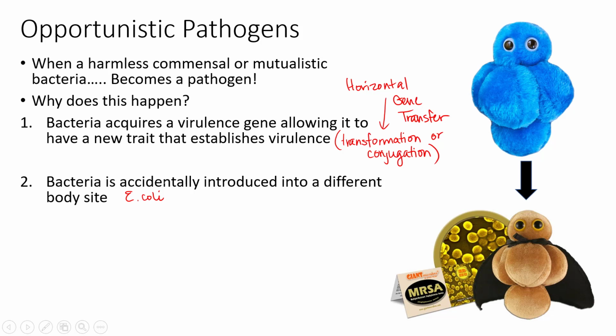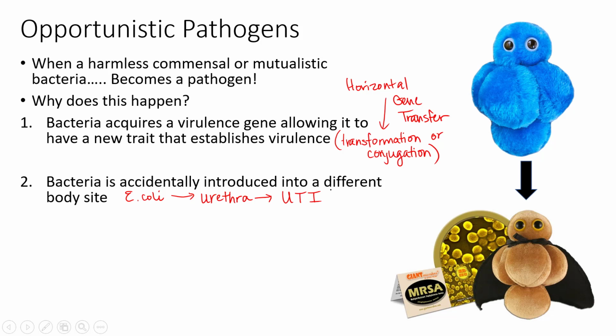We don't want them in the bladder. And so what happens is if E. coli, which is primarily a fecal bacteria, is accidentally introduced into the urethra, that can lead to a urinary tract infection, a UTI forming.